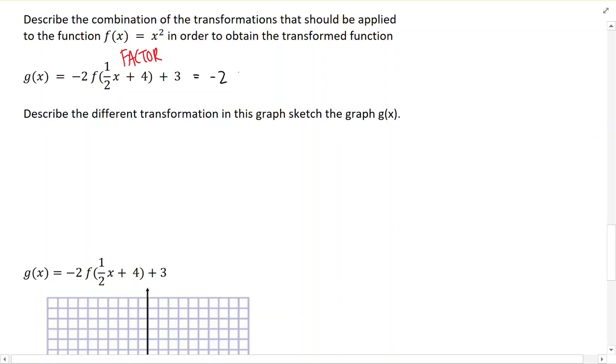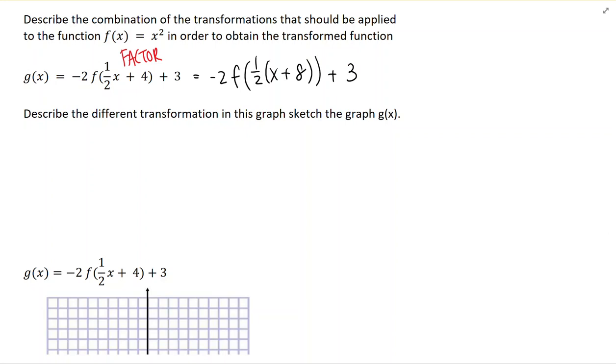So -2 f(1/2(x + 8)) + 3. Okay, so in this particular case, here again is our a, b, h, k.